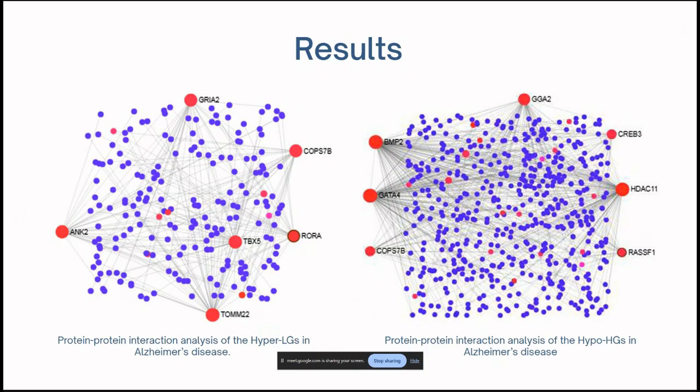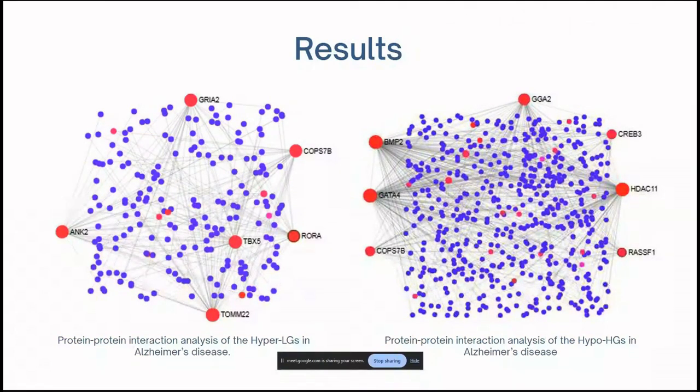And among hypomethylated high-expressed genes, BMP2, GATA4, HDAC11, these genes are highlighted. These genes may be critical players in the molecular network of Alzheimer's disease pathology, as they are mentioned as hub genes.